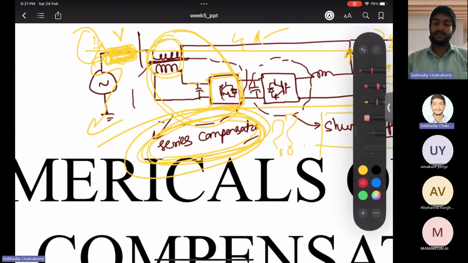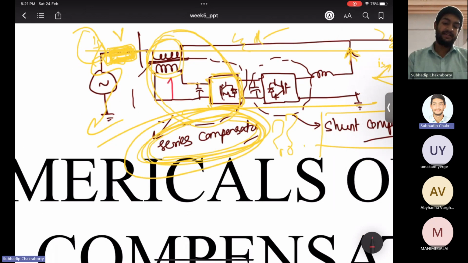What concept? That the DVR, actually I can say the UPQC, which is a combination of the series and shunt compensators. It injects, with the help of its DVR branch at the left side, voltages, maybe in quadrature, which you call UPQC-Q, maybe in phase, which you call UPQC-P, or any angle you want, UPQC-S.